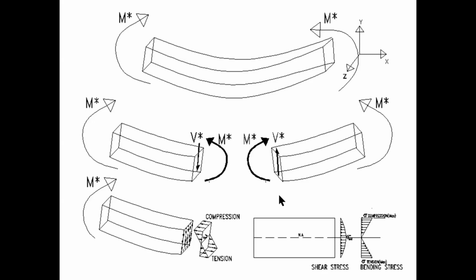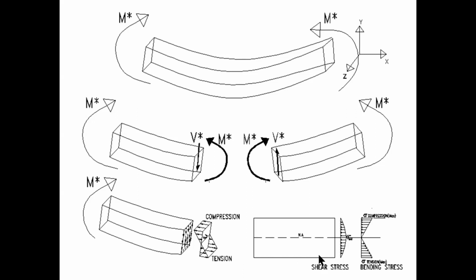Let us focus here for a second on bending stresses, particularly in the context of pure bending. Imagine the beam as a collection of small fibers. The top fibers compress or contract, and the bottom fibers are in tension, which extends.